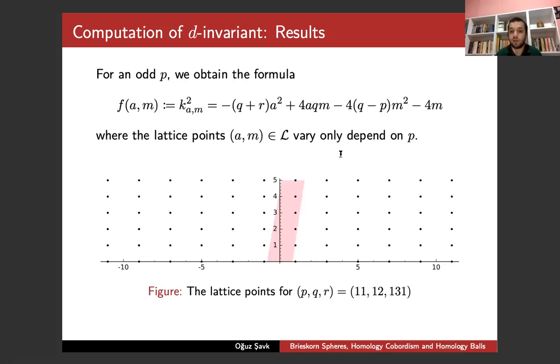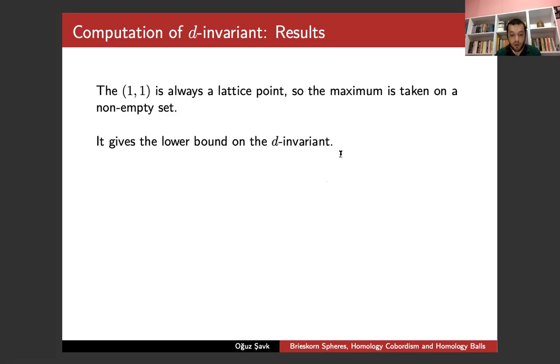For example, these are lattice points for the triplet 11, 12, 131. There are 5 lattice points. If you want to compute the invariant exactly, you find the lattice point which gives the maximum. The lattice point 1, 1 is always in our set, so taking the maximum makes sense.